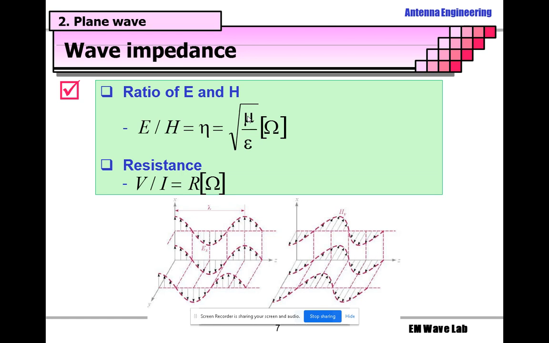Pure resistance is a resistor, and simply we can call it resistance. So reactance or resistance is the same as impedance. Impedance for the electromagnetic wave will be calculated by using the formula V by I equal to R. Then the ratio between the electric field and magnetic field can also be calculated in this chapter as eta.